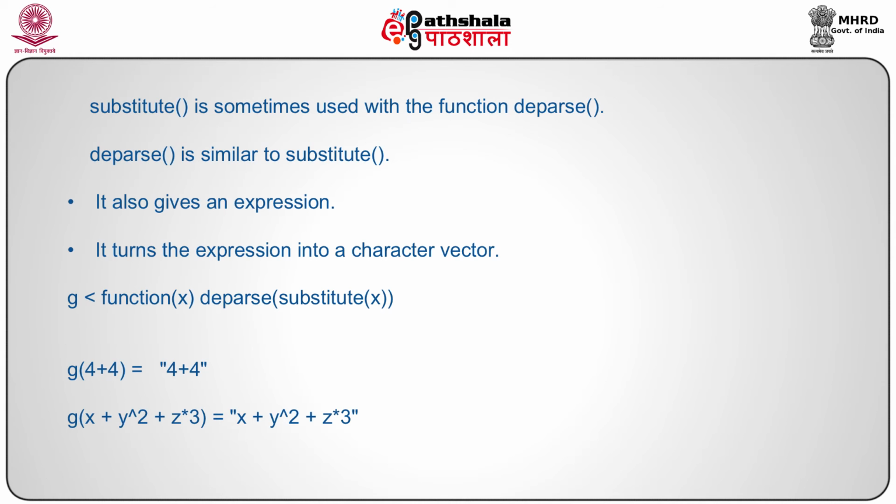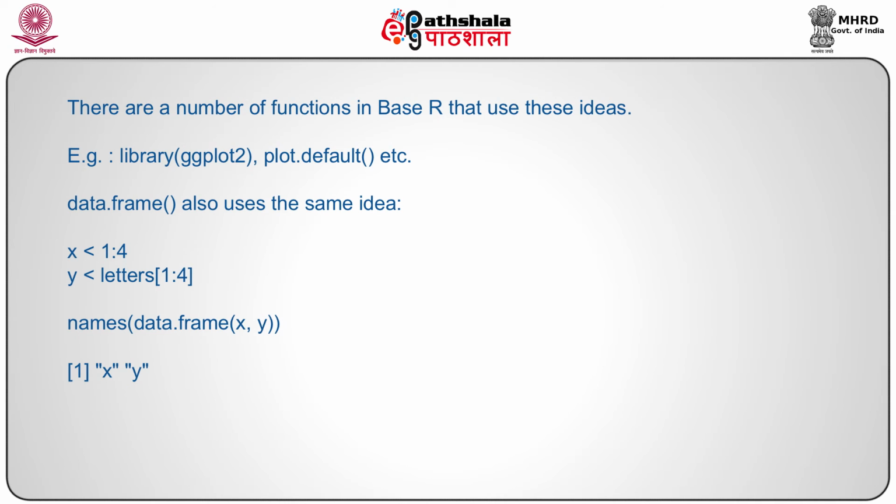Now, there are a lot of functions in base R that use these ideas. Some use them to avoid quotes. Other functions like plot.default use them to provide default labels. Now, data.frame also uses a similar idea.